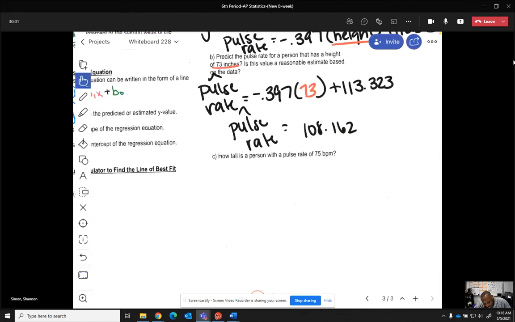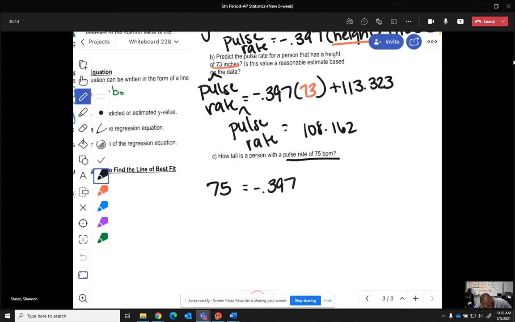It says, how tall is the person with a pulse rate of 75 beats per minute? So this one gives the pulse rate here. We're going to plug that in for the pulse rate, which is 75. That's equal to negative 0.397 times the height, they want to know how tall the person is, x, plus 113.323. So to solve this, I'm going to first solve for x. I'm going to subtract off 113.323 on both sides.